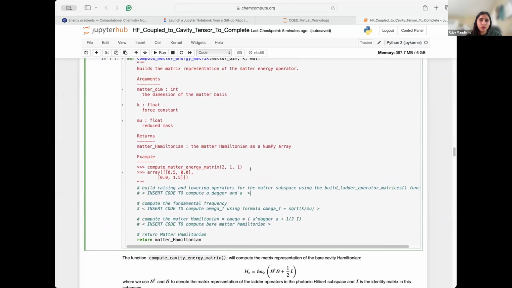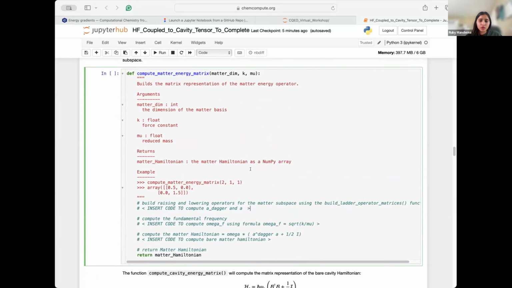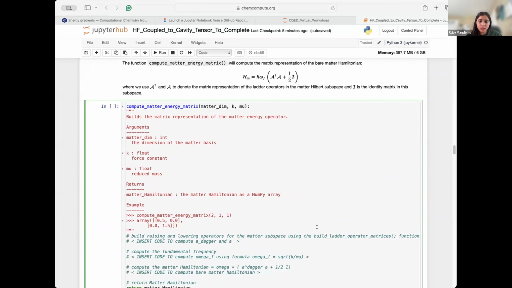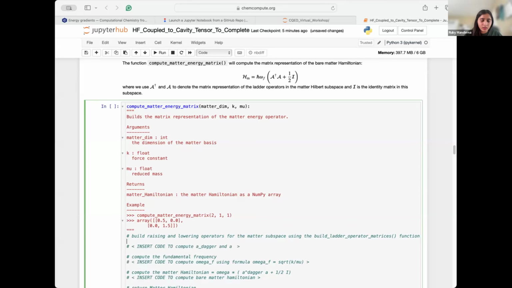Now here, first what do we need? We need to call the function to form the A dagger and A. So let's first call that function, and we will store them as A dagger, comma, A. And this is the function which we want to call, and the dimension which we'll give is matter dim, because we are building these ladder operators for the matter subspace.